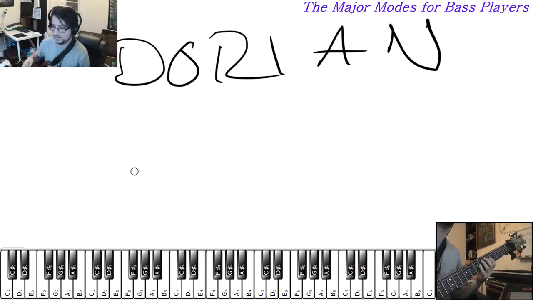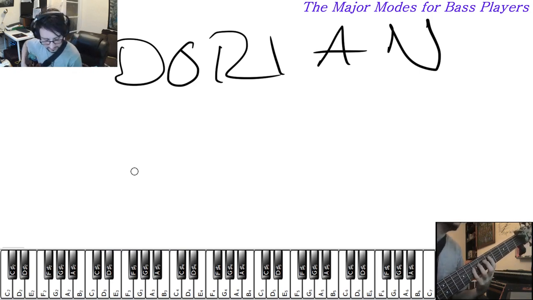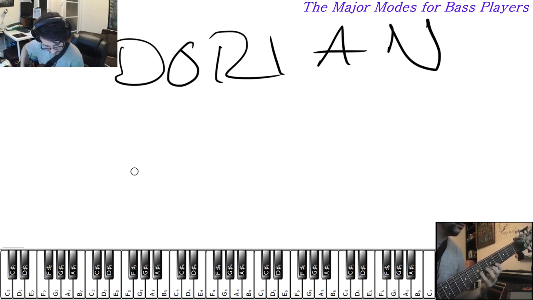And then on the bass, we start on the 5th fret, slowly. We've got 5, 7, 8, 5, 7, 4, 5, 7.